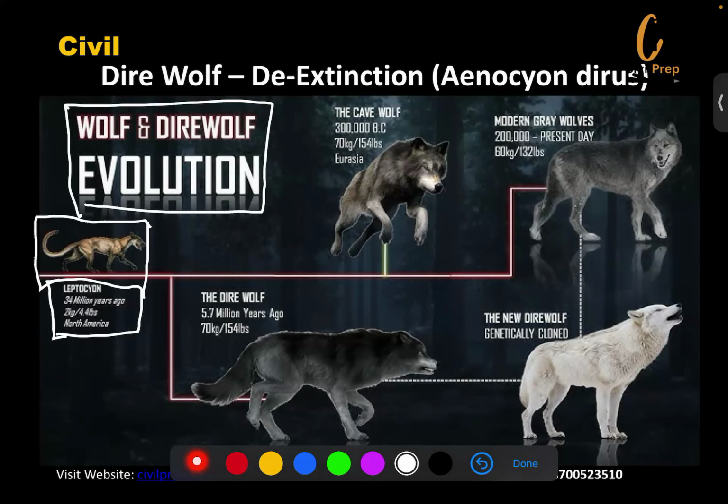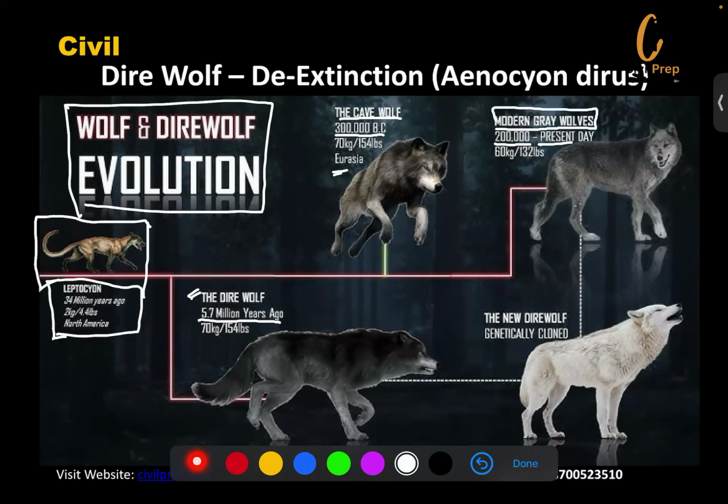Then almost around 5.7 million years ago, the evolution of direwolf took place. After this, almost around 300,000 BC, the cave wolf evolved in the region of Eurasia. Then from almost 200,000 years ago to present day, there was the modern grey wolf.